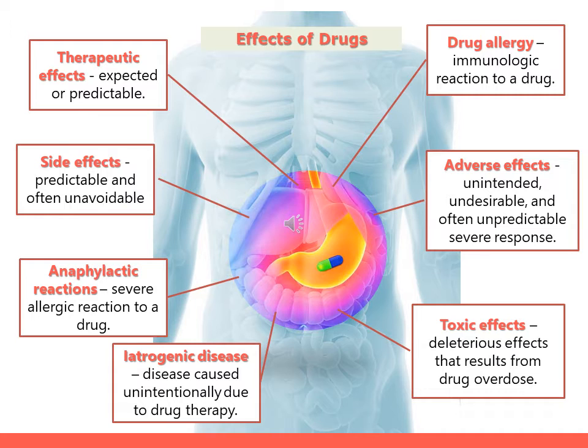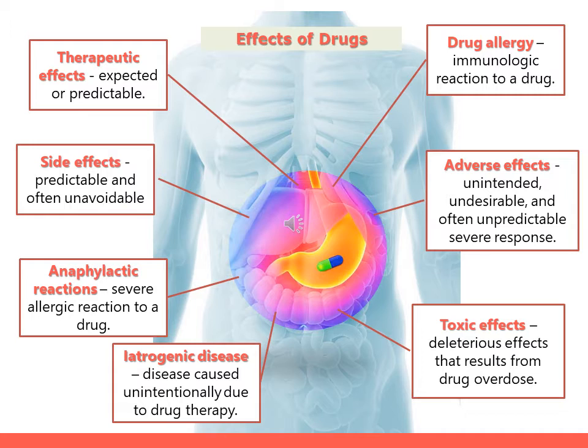We also have side effects. Okay, this is one of the most common effects of a drug. These are predictable and often unavoidable. And normally, side effects could either be harmless or potentially harmful. And the worst form of side effects, or more severe side effects, are called adverse effects.